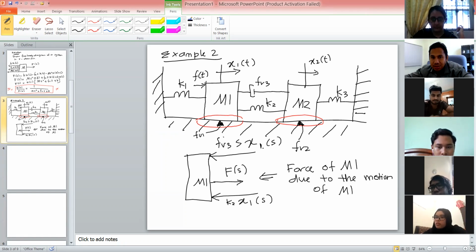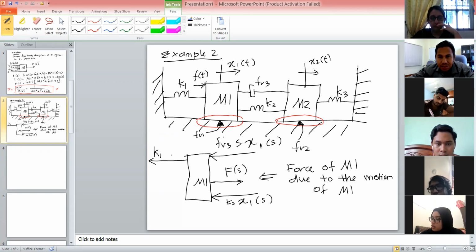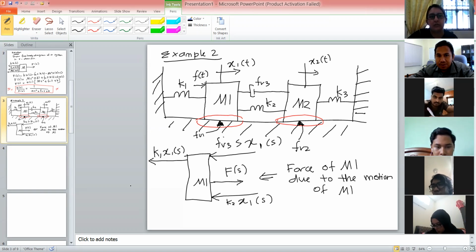K remains K times X1s. Then the right-hand side: we have K1 times X1s.